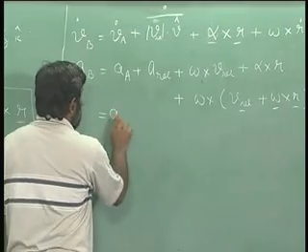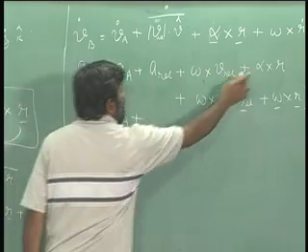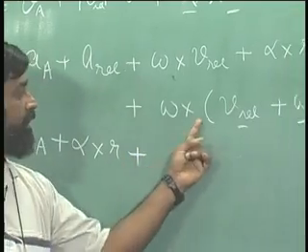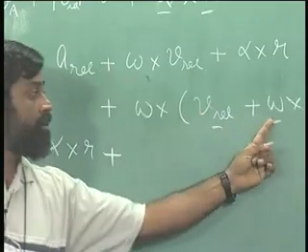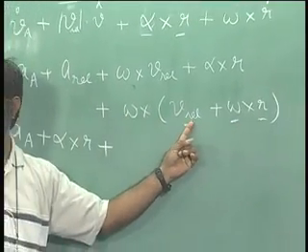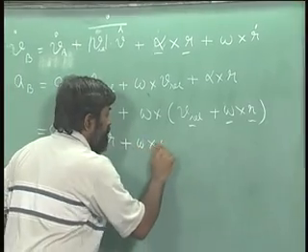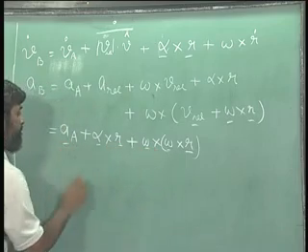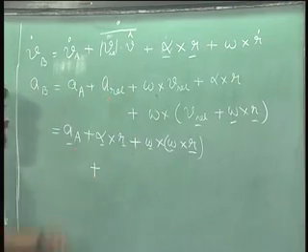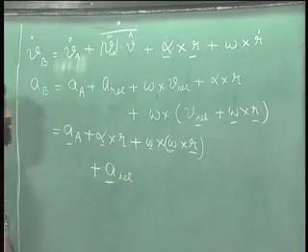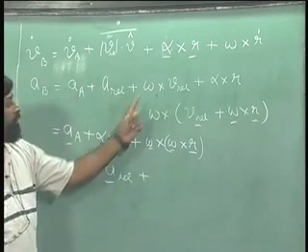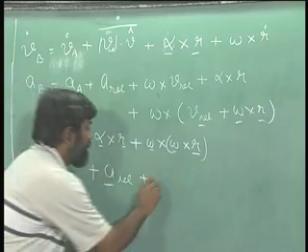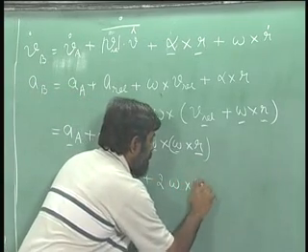What do we get? It is nothing but A plus, notice here I have two terms, omega cross R, omega cross V relative. So, let me write omega cross R, plus I have this term which is A relative, plus what else is left out, omega cross V relative, added together is 2 times omega cross V relative.